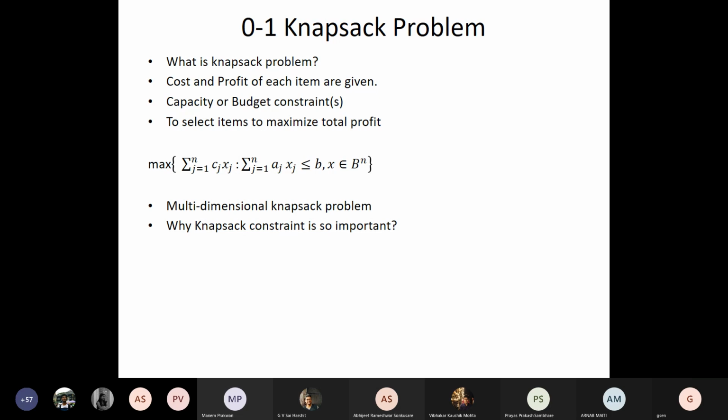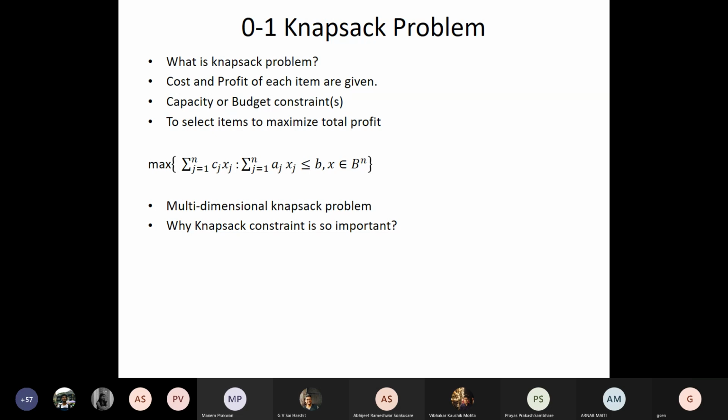So you have to decide which loads to be transported at that point of time, so as to maximize your objective. It may be in terms of profit, it may be in terms of delivery time, or any other objective.